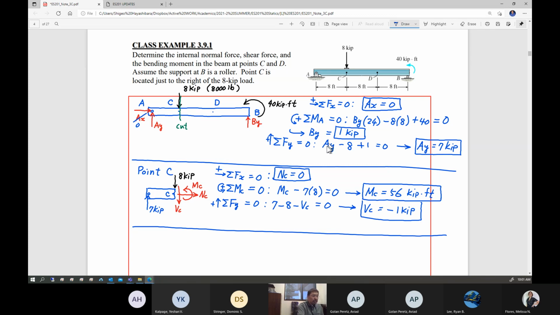Then your next question is, where is the critical location of this beam where you experience maximum bending loading? That's where the beam starts to collapse, right? That's a critical point internally. You can draw a diagram to find out the maximum internal bending moment developed right here at this point.